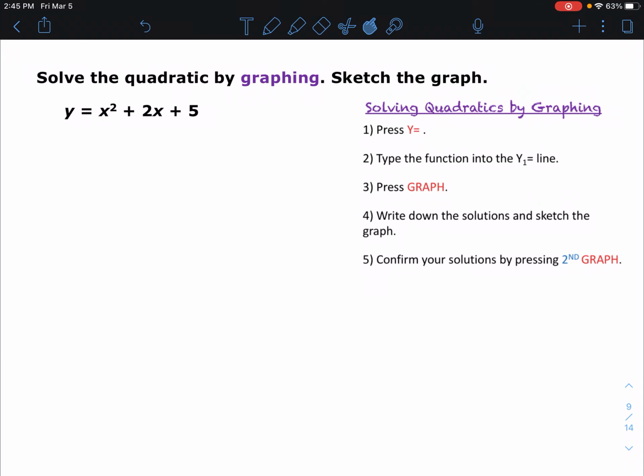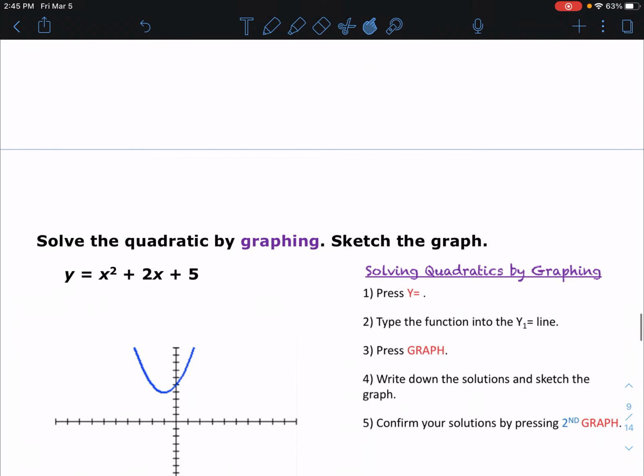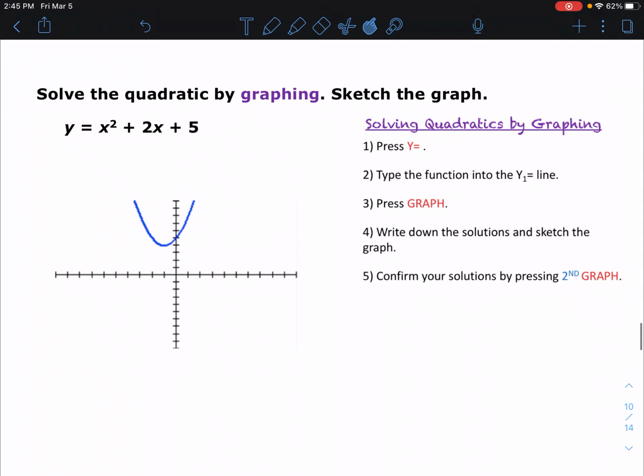So here's another one. When you type it into the calculator, you're going to get this picture. Now you might say to yourself, well, wait a minute, where does it cross the x-axis? It doesn't. And so in this case, you're not going to be able to write your solutions. There are solutions, but they are not real solutions.